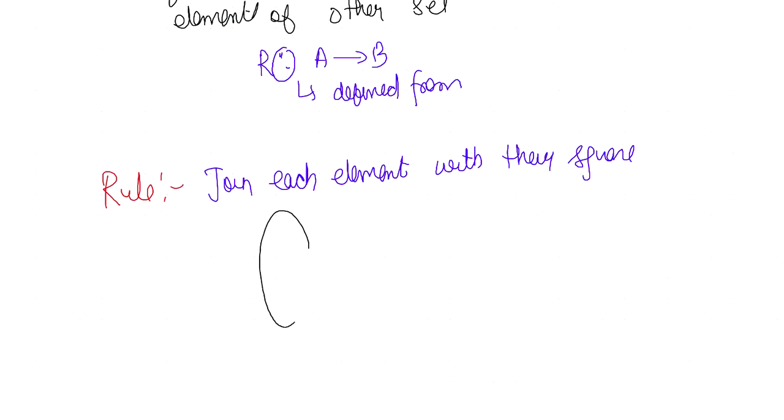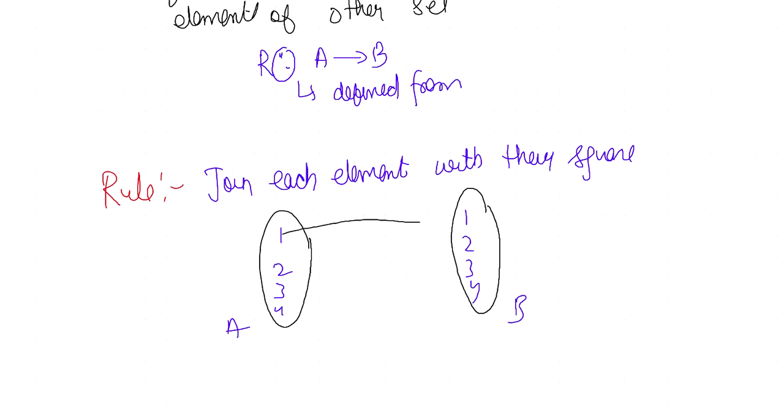This is 1 and this is 2. This is 1, 2, 3, 4. Now, so what is the rule? The rule is that we are going to join each element with its square. So 1 ka square is 1 and 2 ka square is 4. Okay. Now understand.